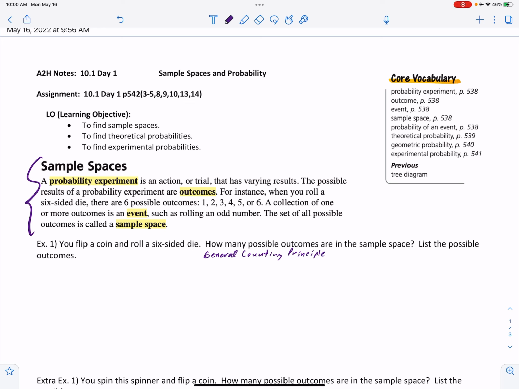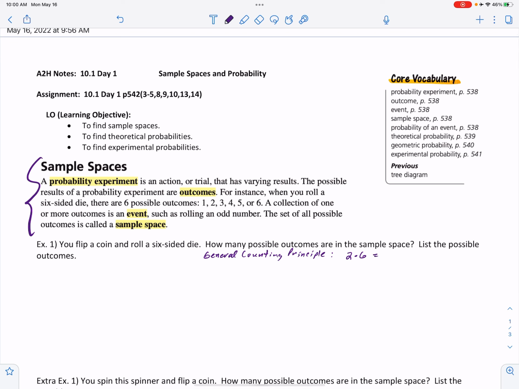And that general counting principle is if there's so many ways one event can happen followed by so many ways another, then the product of the number of each of those is the total number of outcomes. So in this one, you flip a coin. What they're talking about is it's heads or tails. So there's 2 possibilities for flipping the coin. And if you roll a six-sided die, there are 6 possibilities for that. So we expect that there are 12 possible outcomes.